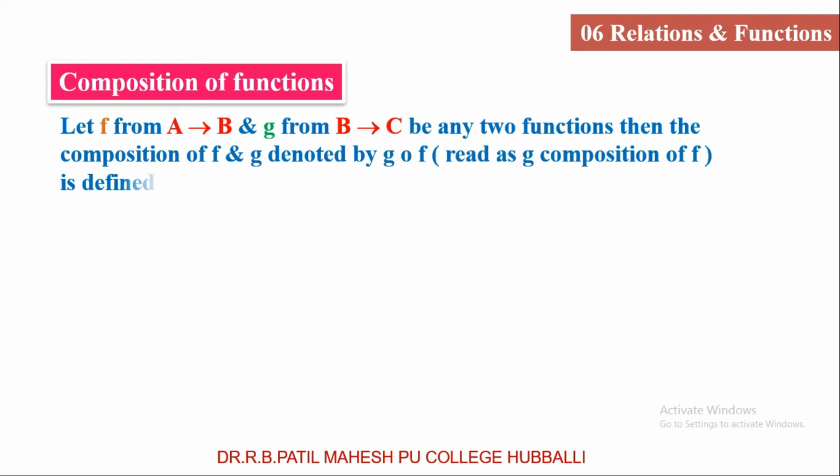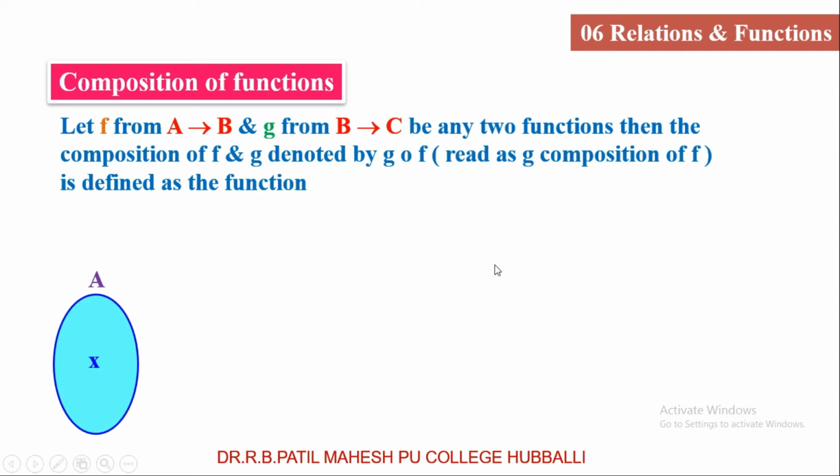Dear students, let f from A to B and g from B to C be any two functions, then the composition of f and g denoted by g composition f, g small circle f, read as g composition of f, is defined as the function.